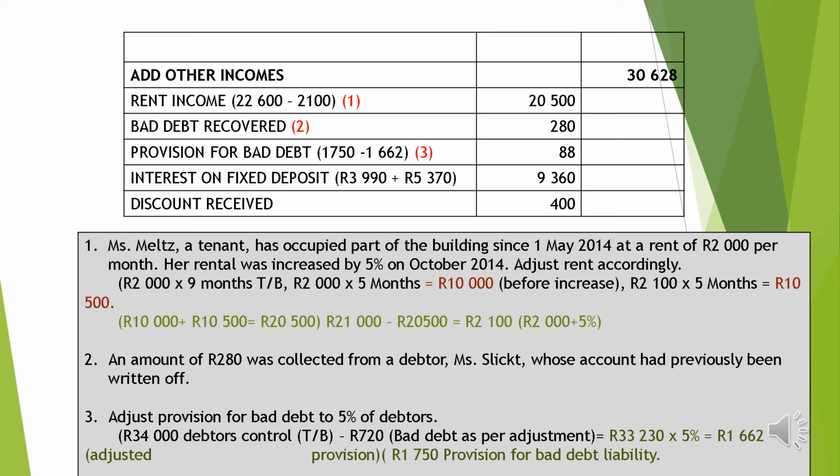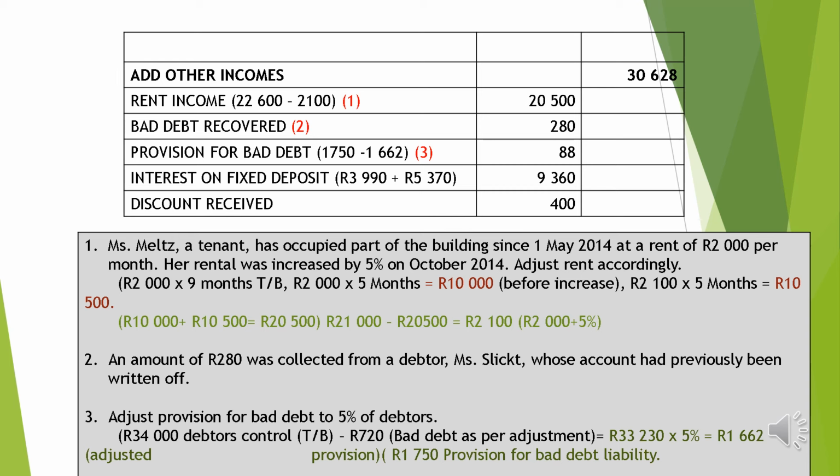Then we are having what? An adjustment where it says Miss Mills, a tenant, has occupied part of the building since 1 May. So let us go back to our timeline. We said the beginning of the financial year is 1 March 2014 and the end of the financial year is 28 February 2015.